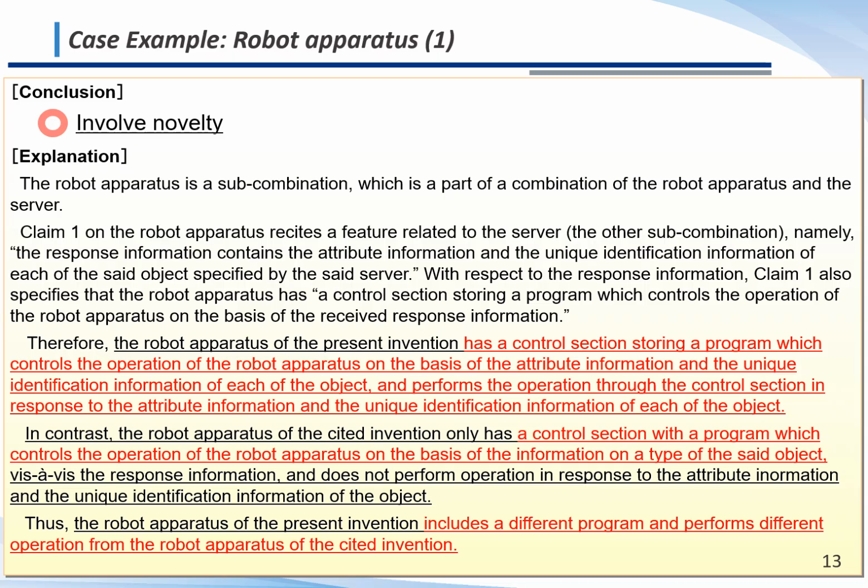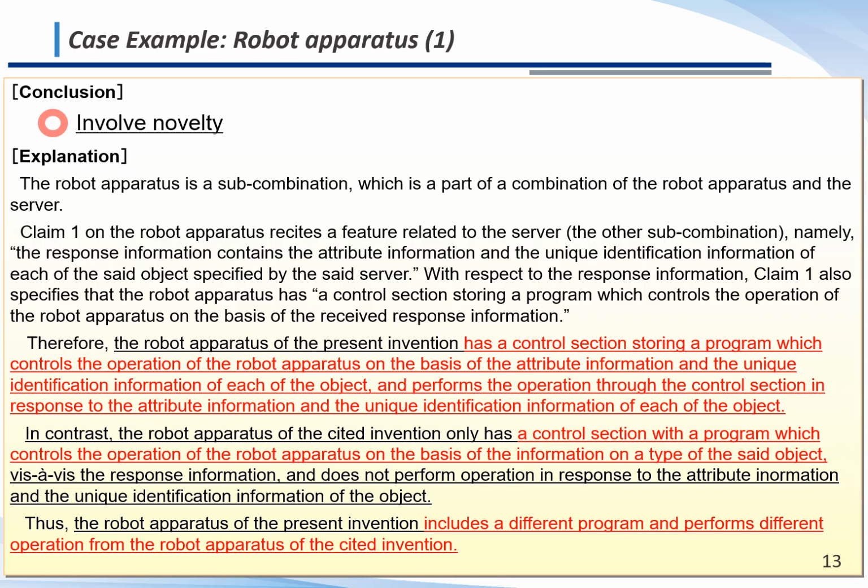As previously mentioned, Claim 1 recites a feature related to the server. The other subcombination, namely, the response information, contains the attribute information and the unique identification information of each object specified by the server. With respect to the response information, Claim 1 also specifies that the robot apparatus has a control section storing a program which controls the operation of the robot apparatus on the basis of the received response information.